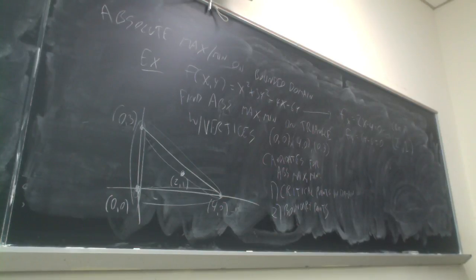So what I'm going to do over here, I'm going to make a list of candidates of points that could be maxes or mins. So this is the first one. Because once we have all of our candidates, we're going to plug those points into the function and see what values we get. Smallest one's the absolute minimum, largest one's the absolute maximum. But now we have to find out what other candidates we have.